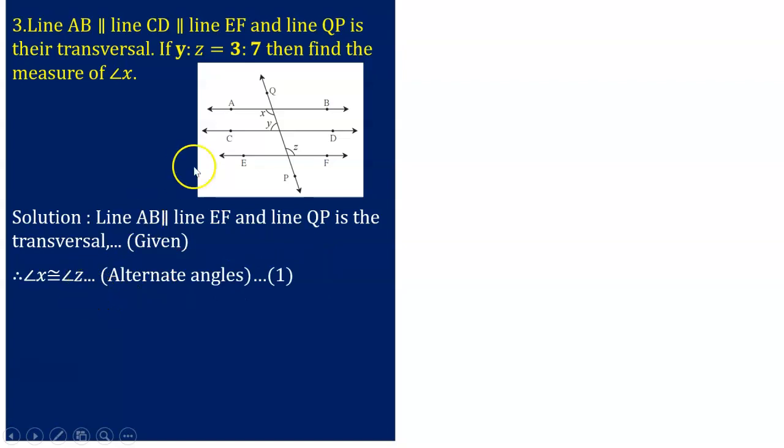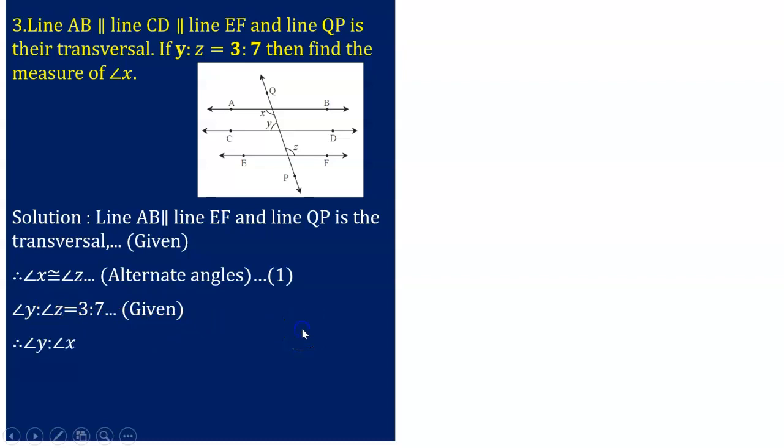and hence here the measure of angle x is a congruent to angle Z. These are the alternate angles. Next, we have given the ratio of angle Y and the Z. That is the ratio of the angle Y as to Z is equals to 3 as to 7.